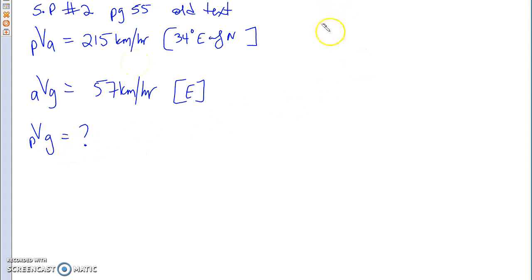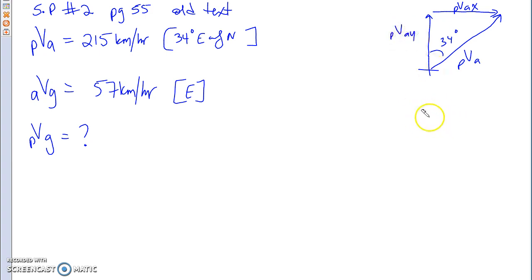To solve for this question, we're going to solve it in terms of our vectors. Draw it first. So you've got 34 degrees east of north. This is my VPA, VPAX, VPAY. And of course your VAG is going in the easterly direction. This is your VAGX, only one.